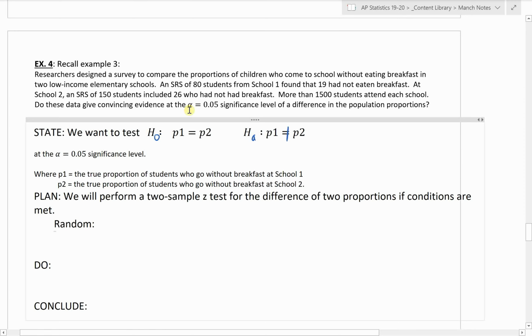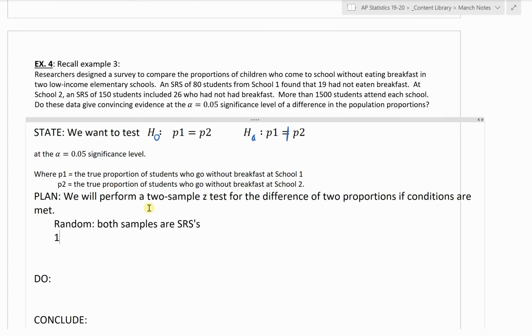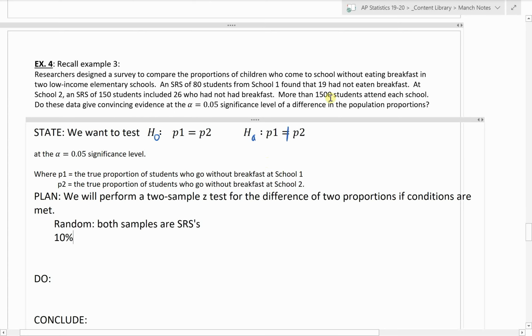We need to check the random condition. It tells us that both samples are randomly selected. Then the 10% condition. It tells us there are more than 1,500 students at each school.